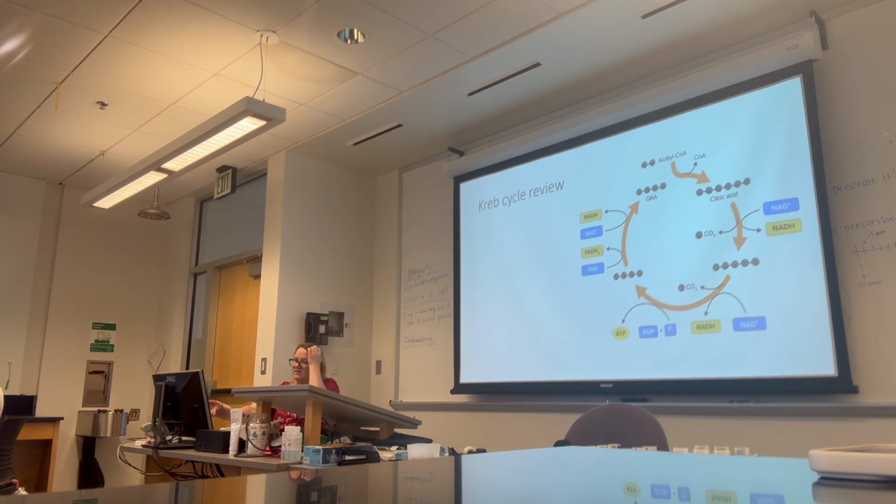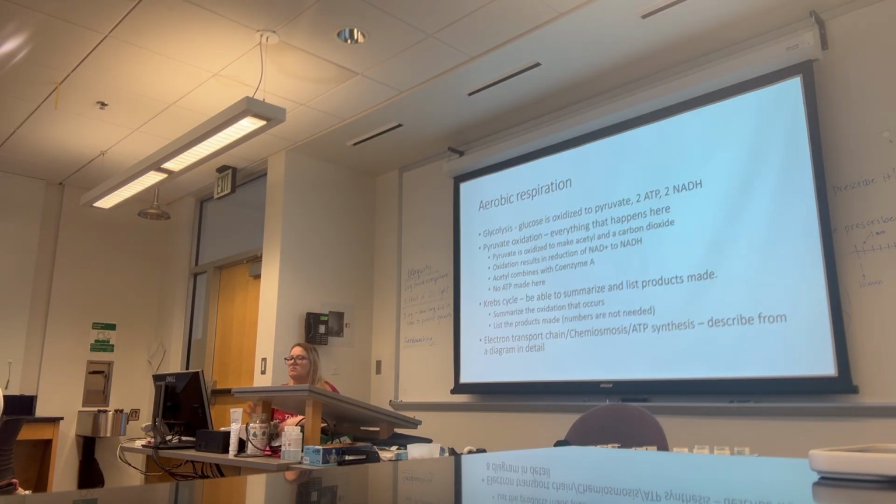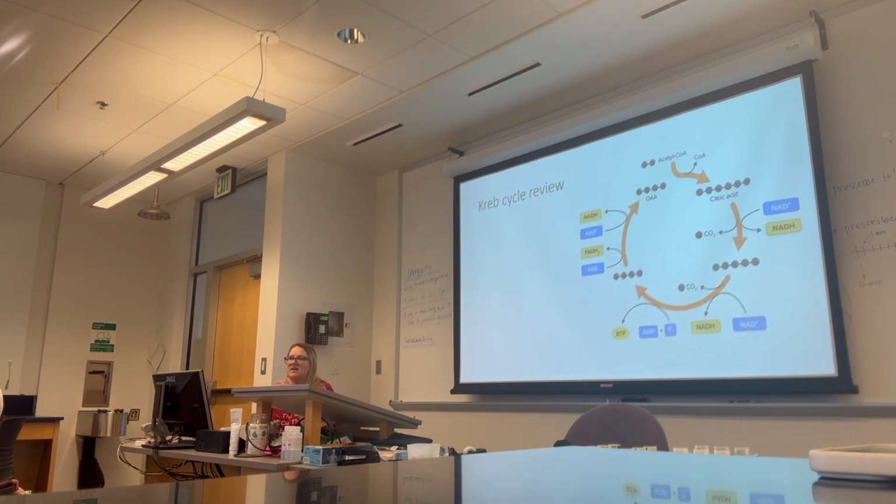I won't give you this diagram, so this should be from your notes, okay? So just a couple sentences summarizing that you've got oxidation happening to produce the carbon dioxides. There's also reduction of the electron carriers and ATP produced.